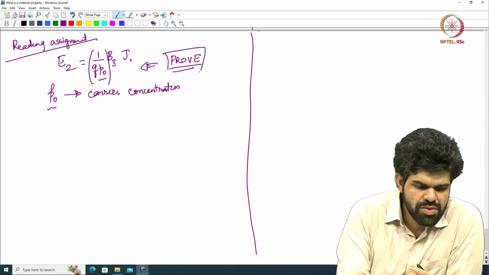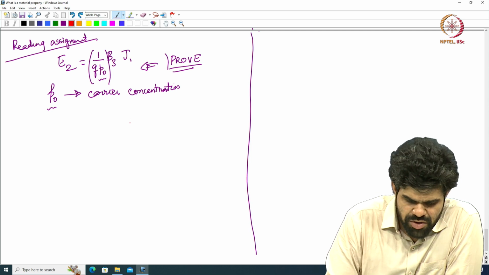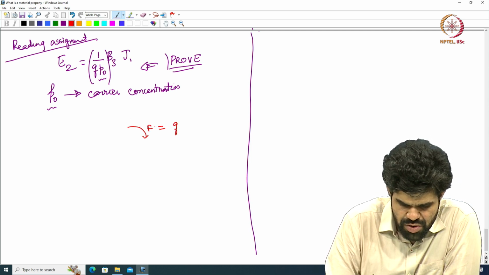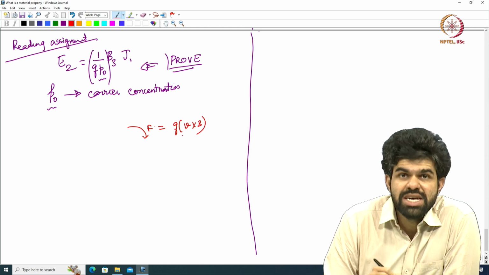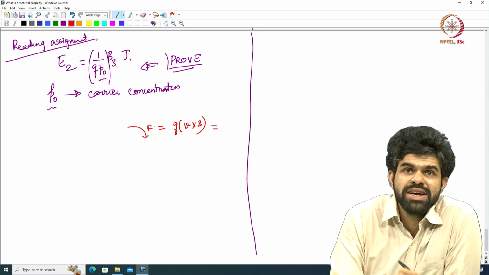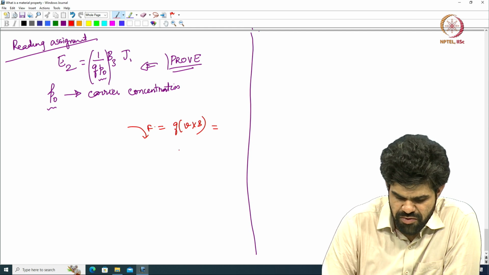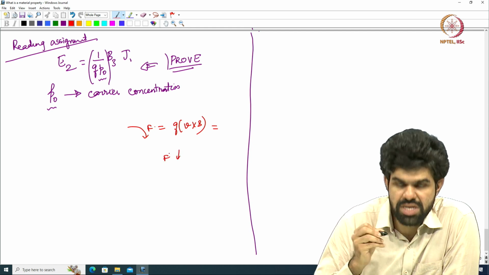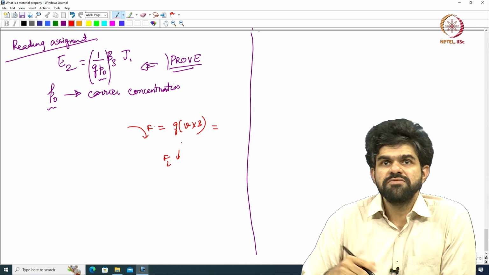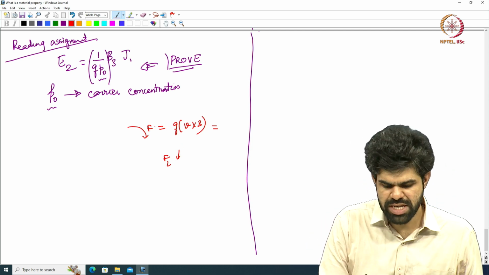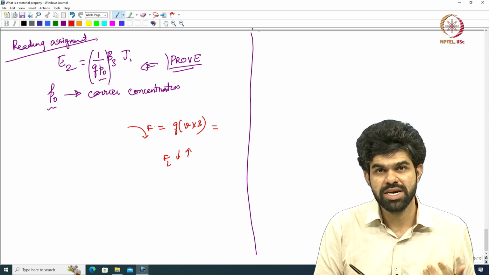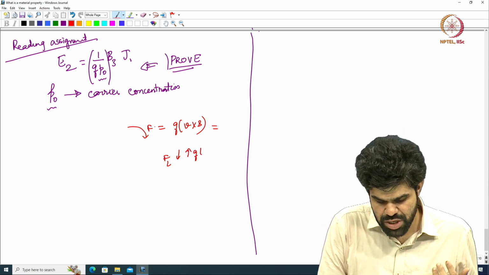Okay. So I will just briefly give you a hint. I said that there is a force on the charged particle that is given as q v cross B, right. Now this force needs to be compensated by a corresponding electric field that is being generated, right. So v cross B is in this direction, this is the Lorentz force F_L, but this Lorentz force, for any sort of static equilibrium to exist, should be compensated by an equal and opposite force at equilibrium, which is given as qE2, right.